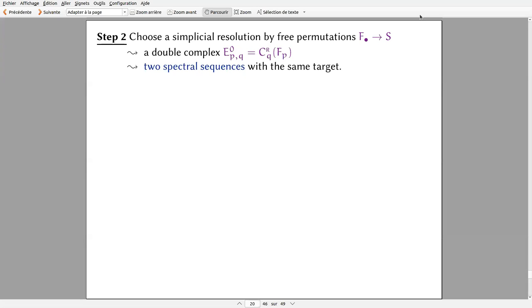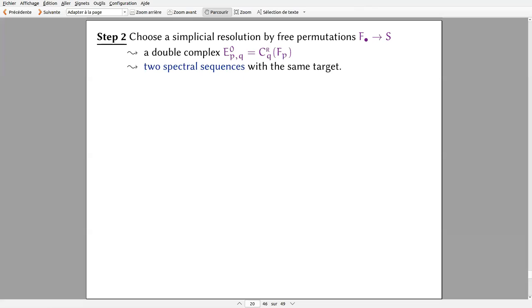The good thing is that you don't need to know anything about this free resolution. You just need to know that it exists, and it exists from abstract consideration, for example, from the interpretation of your Rank homology as equivariant homology, or something of this type. So you don't really need to understand what these free permutations look like.